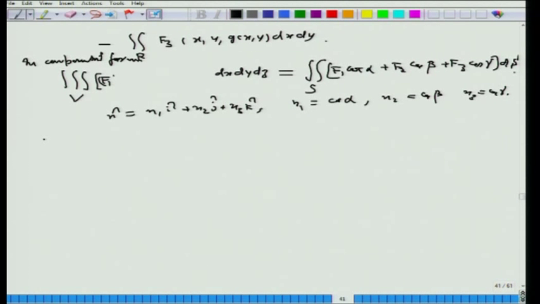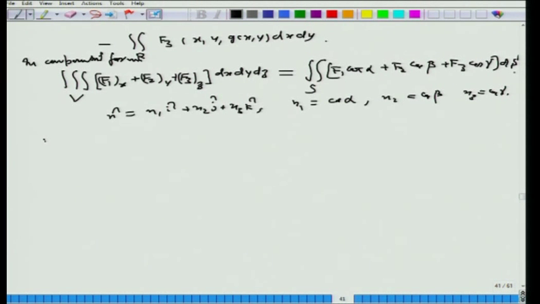This is f 1 x plus f 2 y plus f 3 z. That is the divergence of f here, and so we get this from the divergence theorem.